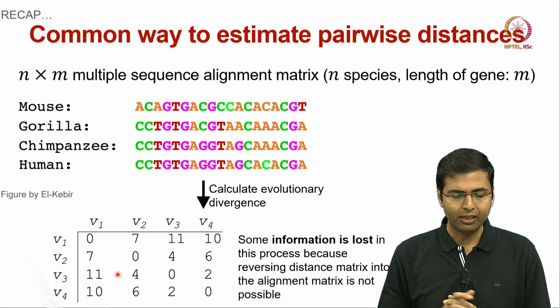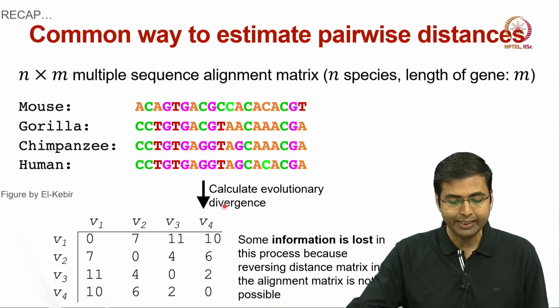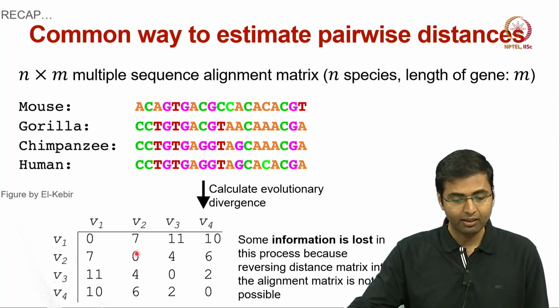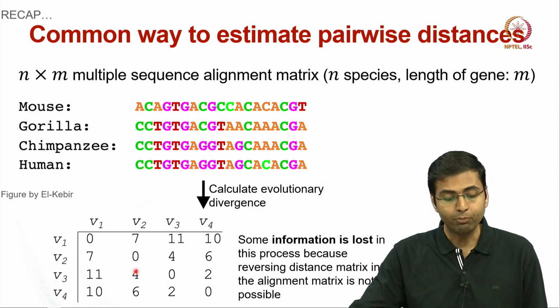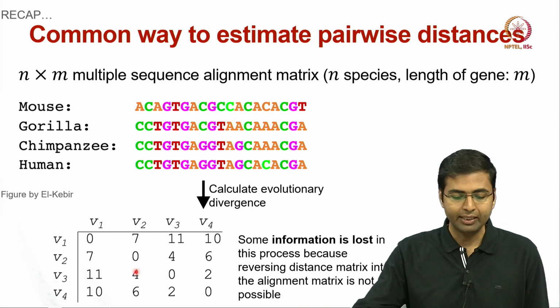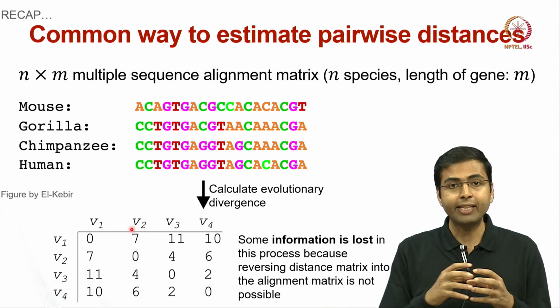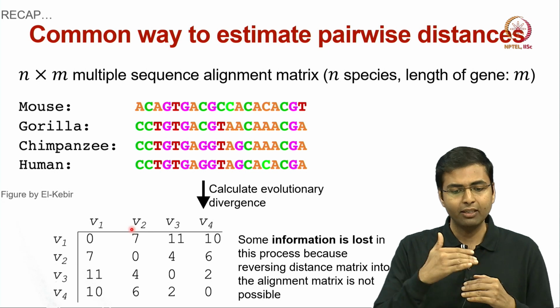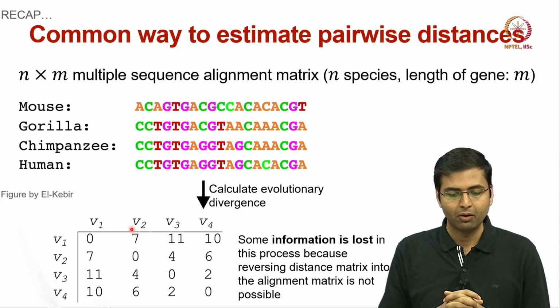However, observe that when we are obtaining these distances from these alignments, we are also losing information because there is no way in which we can reconstruct back the full alignments from just the distance matrix. So the distance is just calculating the aggregate summary of how the sequences were diverging from end to end.